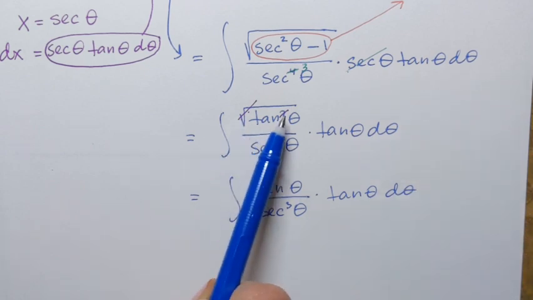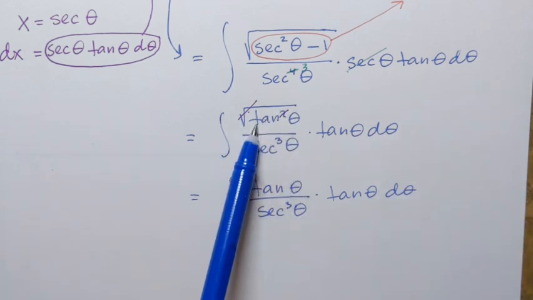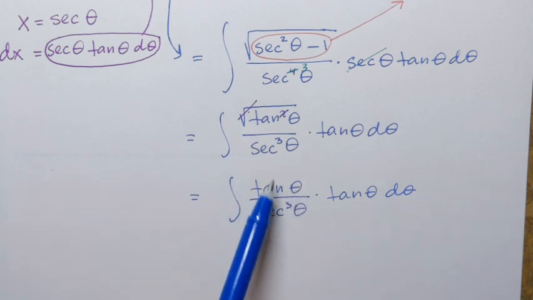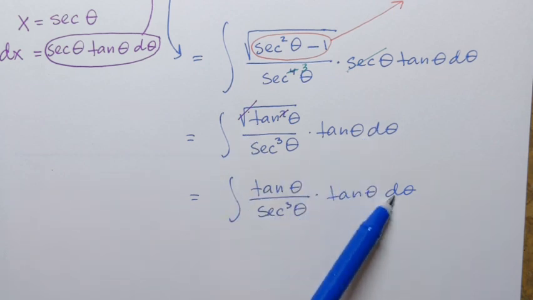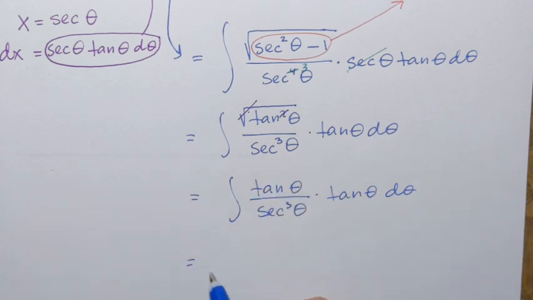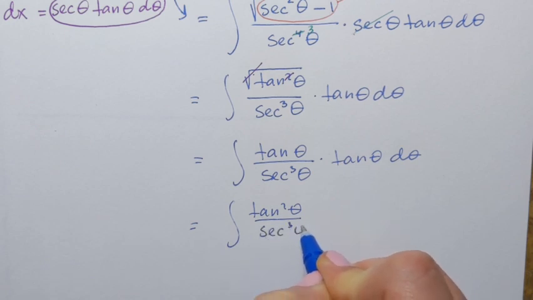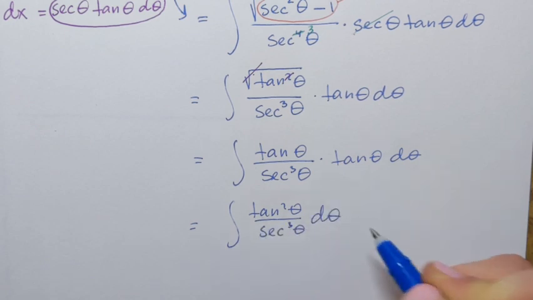Okay, so the square root and square got cancelled. It's just tangent in the numerator, secant cubed, and then that tangent d theta. Okay, well, let's simplify. So we'll multiply tangents, and then we'll perform more trigonometric simplification. So tangent squared of theta over secant cubed of theta, d theta.